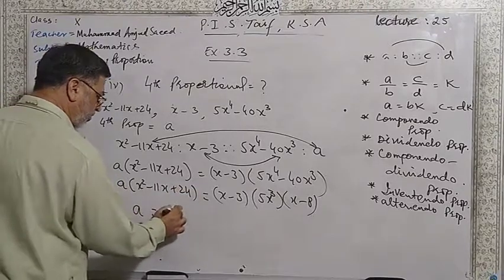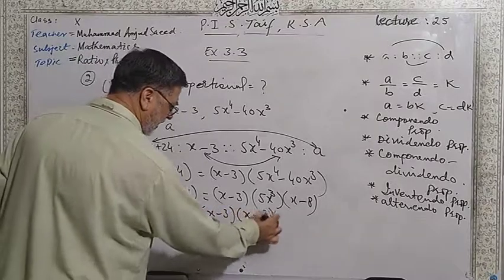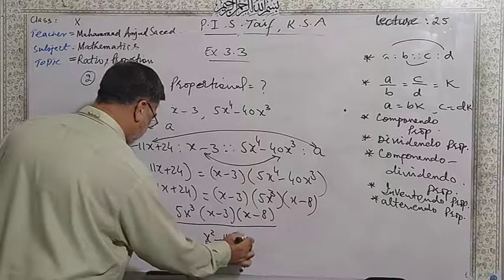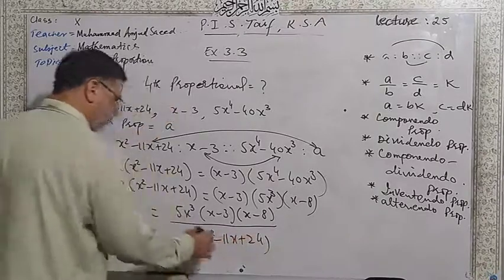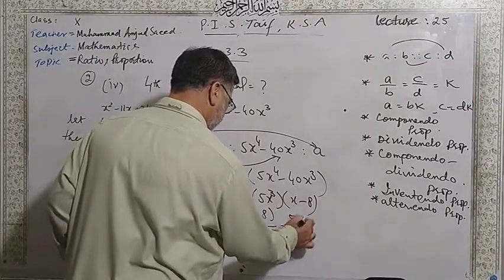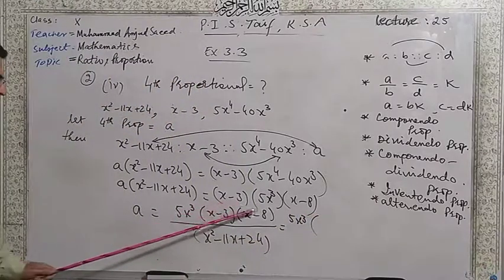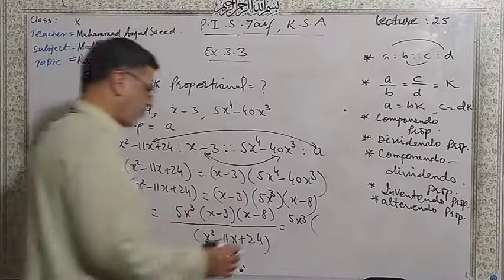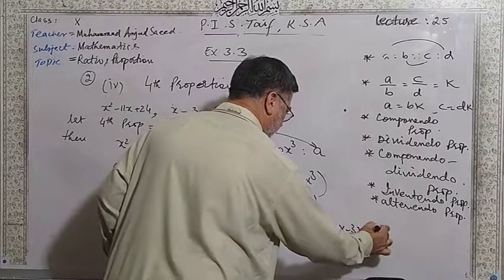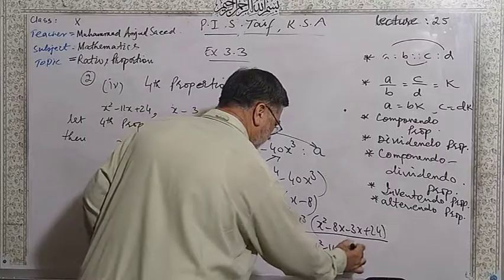So a is equal to 5x cube, x minus 3 and x minus 8 divided by x square minus 11x plus 24. Dear students, you can multiply these two brackets, x square minus 8x minus 3x plus 24 divided by x square minus 11x plus 24.